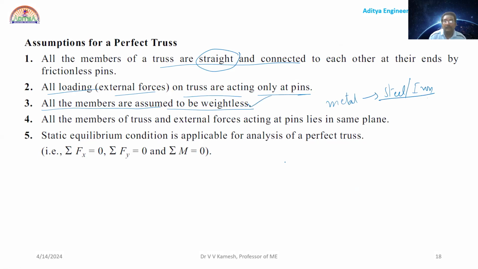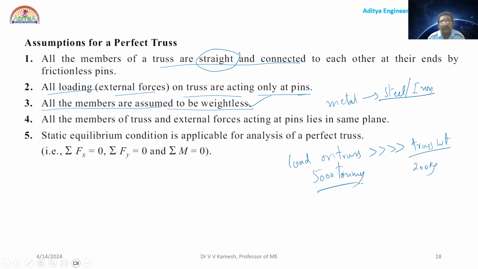Because the load you are applying on the truss is very, very high compared to the truss weight. Suppose the truss weight is 200 kg and I am applying 5,000 tons. Just compare it. Compared to the load you are bearing, the weight is very small.